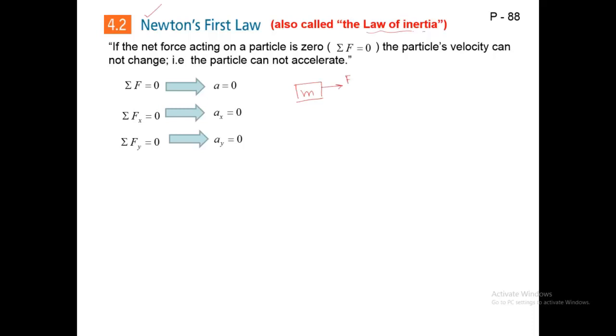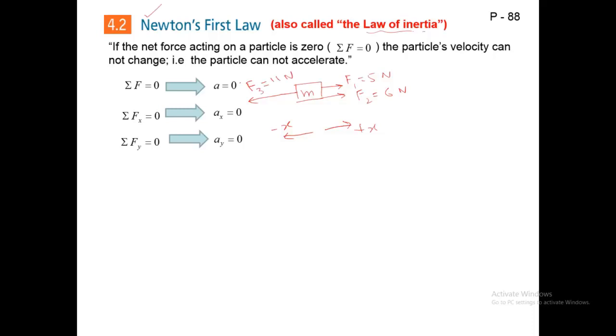Force F1 is acting, 5 Newton. Another force F2 is acting, for example, 6 Newton. This is along the positive x direction, and this side is the negative x direction. Now, if you have a third force, let F3 be equal to 11 Newton.